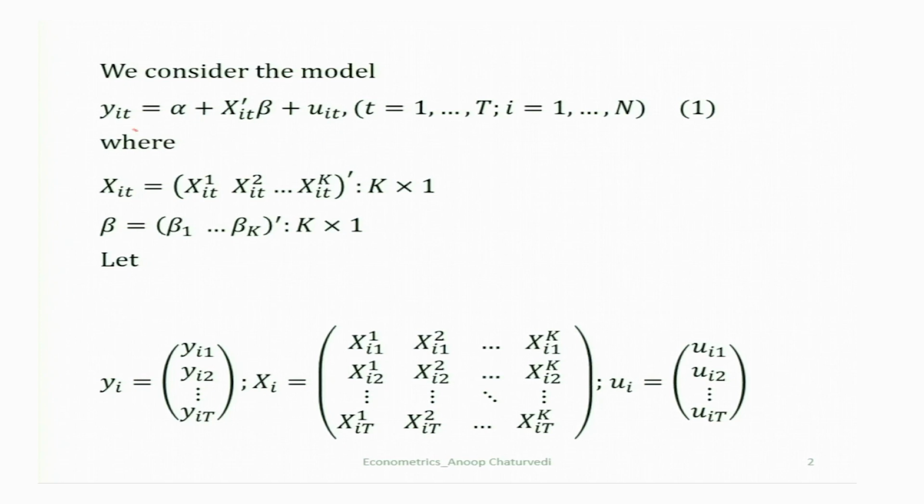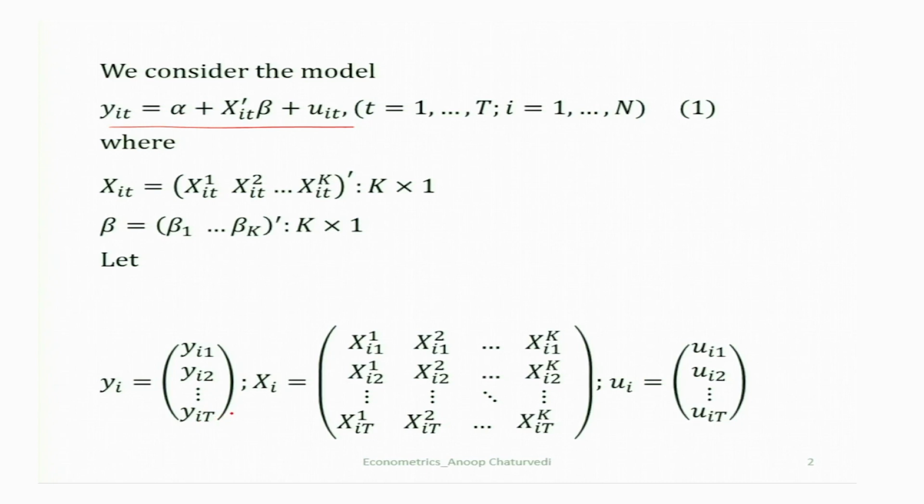Now, we write this model using vector and matrix notations. Suppose we write y_i equal to y_i1, y_i2, and so on up to y_iT.